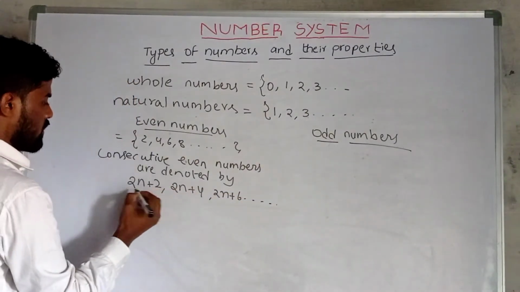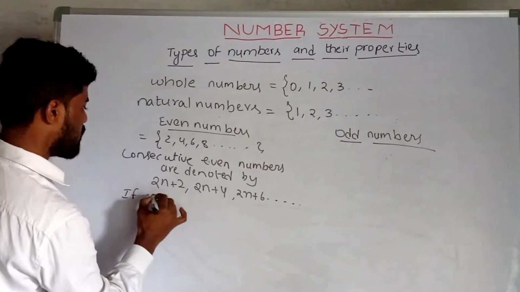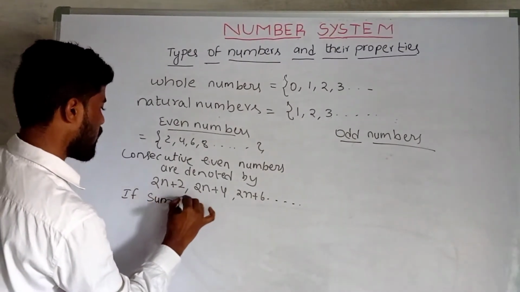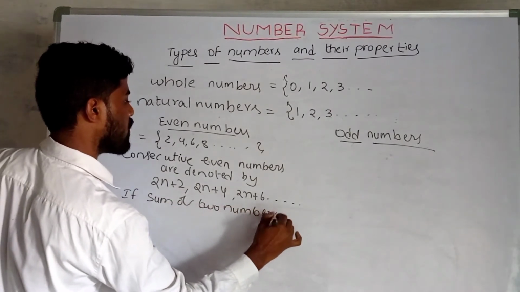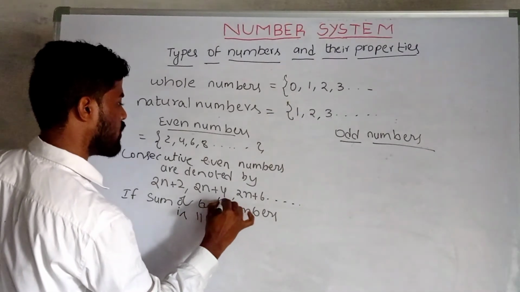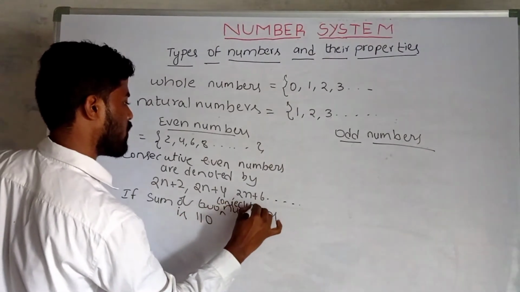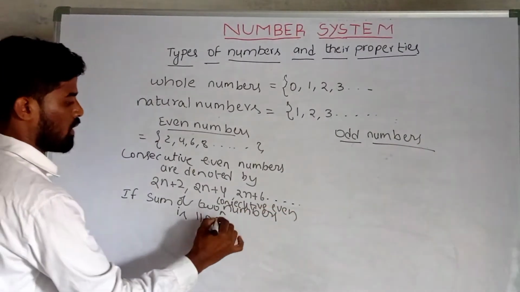Suppose there is a question where the sum of two consecutive even numbers is 110, find the numbers.